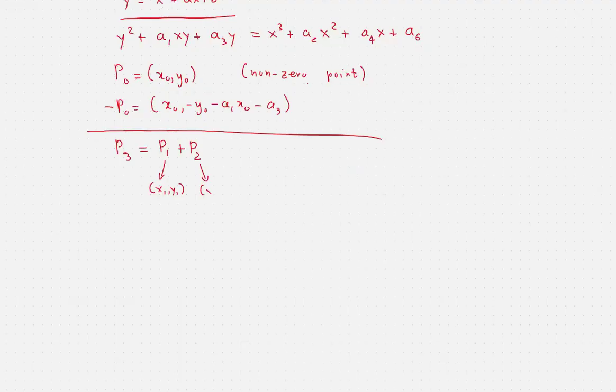Now, there's certainly a case where the point that we're going to get is not a point that can be described using these coordinates. And for this, we can use the description that we just gave. So if we use two points that are opposite of each other, then for this to happen, we should have x1 equal to x2, and y1 plus y2 plus a1 x2 plus a3 equal to 0.